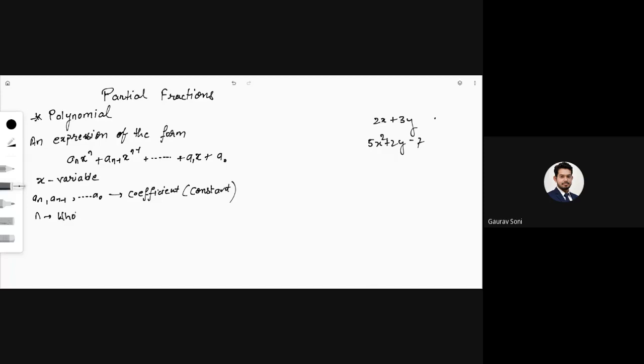We'll call it a whole number. For an example, the first one I can write down, say 2x square plus 3x minus 4.